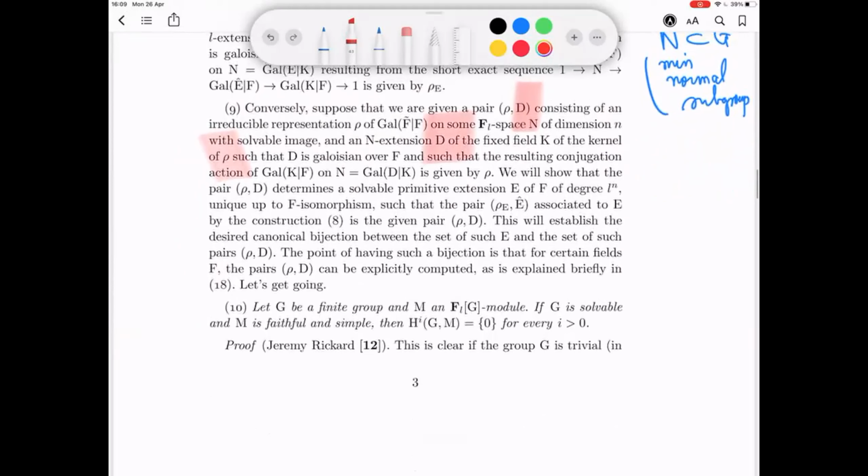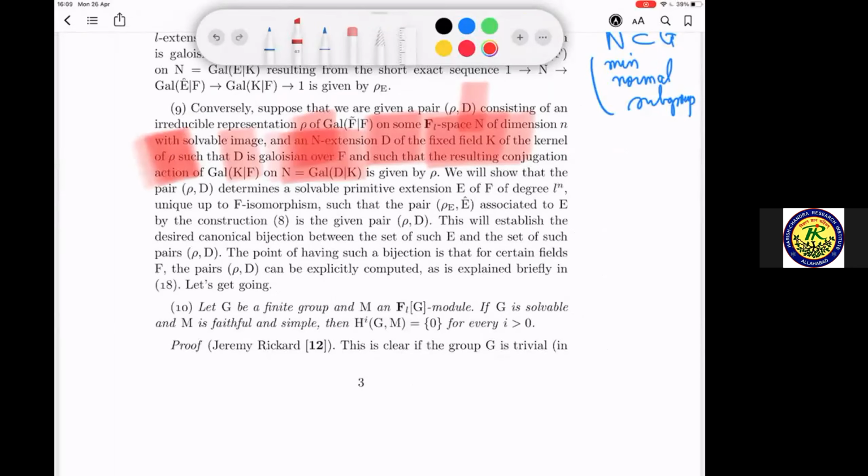Once I have the first component rho, I get the fixed field K of the kernel of this rho. So D is an extension of this K, whose Galois group is isomorphic to N, and which is Galois over F as well.